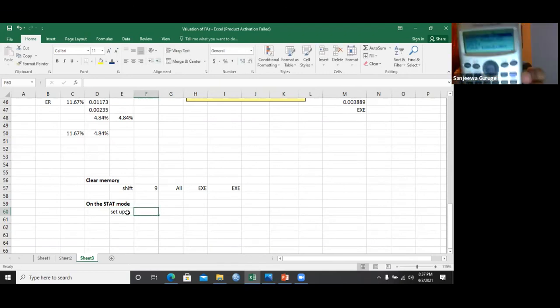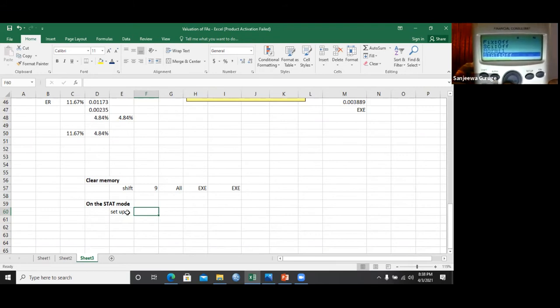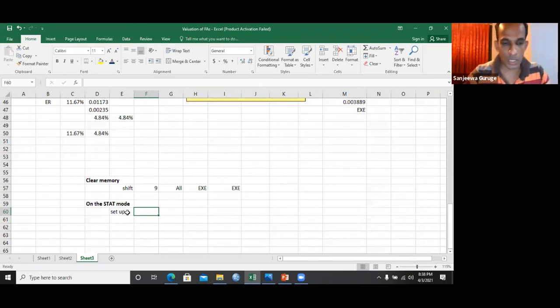When you press the setup button, you get this one. Then you need to go down until you find stat. Then it shows stat off. Right? You can see stat off.